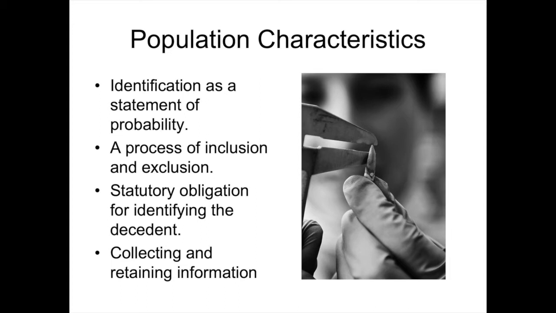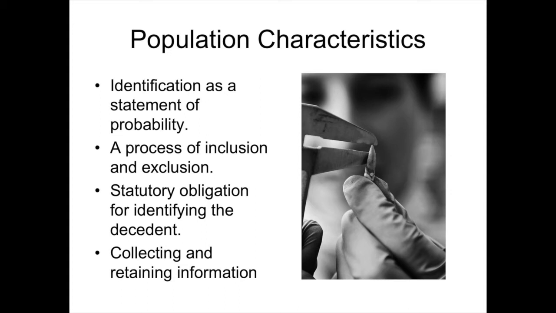Identifications can be made anecdotally through visual recognition of the decedent. There are circumstantial kinds of assessments that can be made with regard to associated artifacts. And of course, there are scientifically verifiable evidences, including DNA and fingerprint analysis.